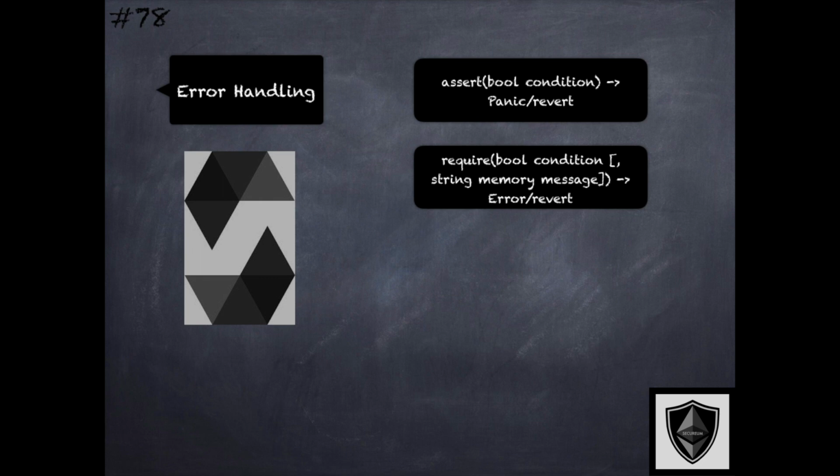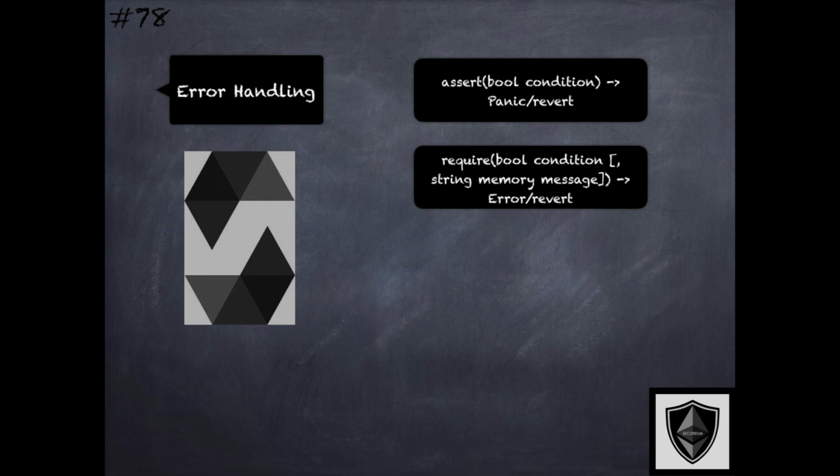And compared to the assert primitive, the require primitive is really meant to be used for errors in inputs from users or from external components that the contract interacts with.